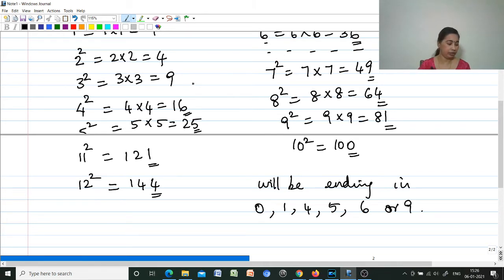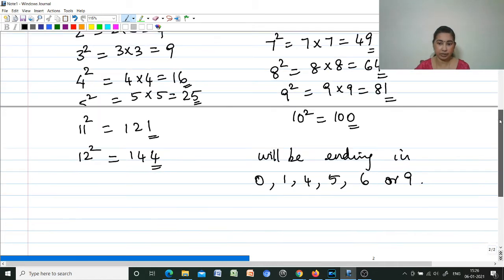So which numbers will not be the squares of any number? What about the remaining digits, 2, 3, 7 or 8 in the unit place? It won't be the square of any number.